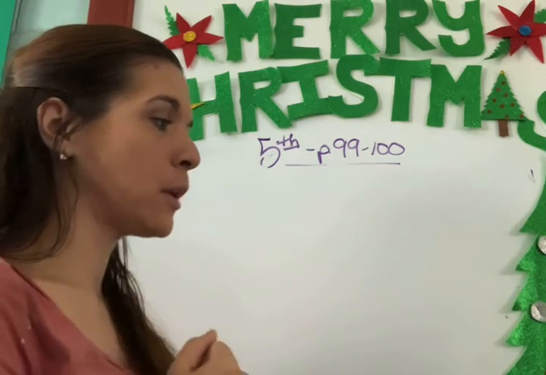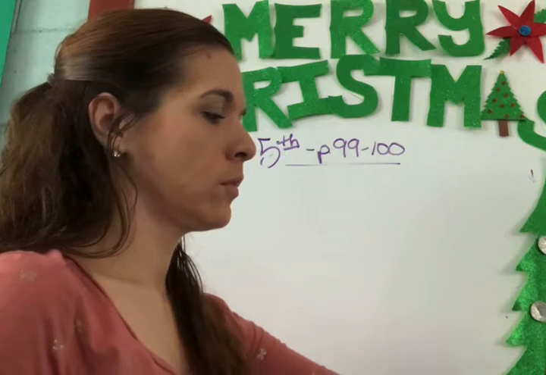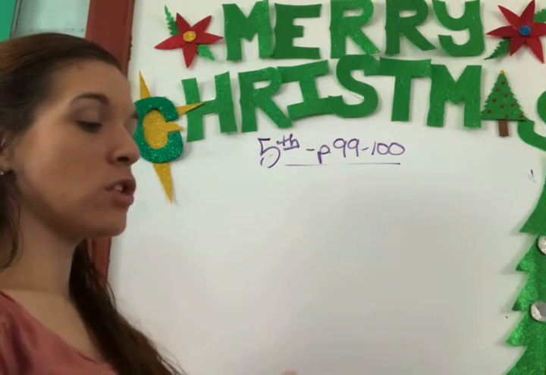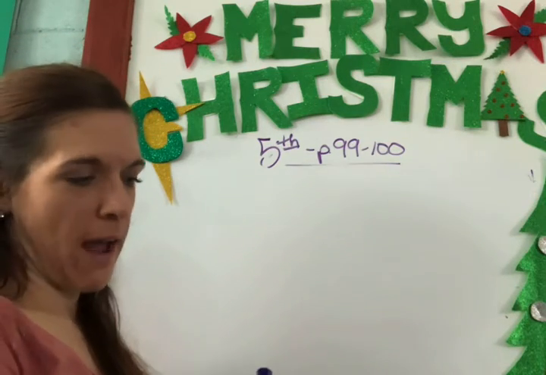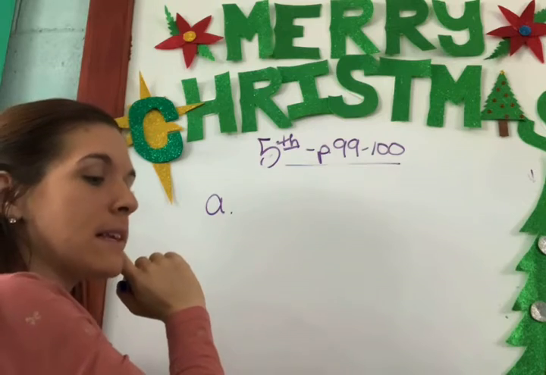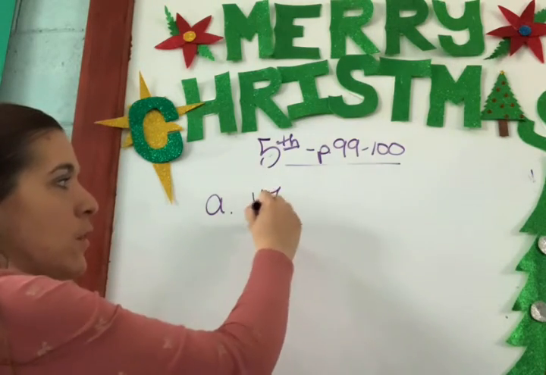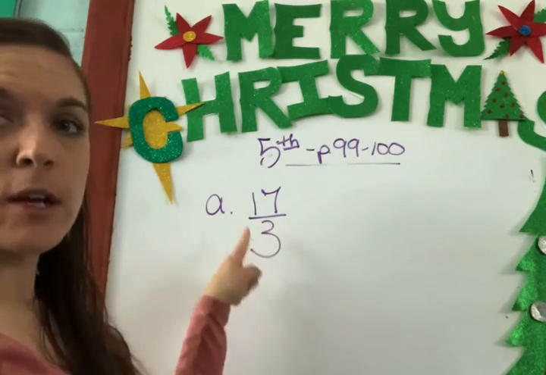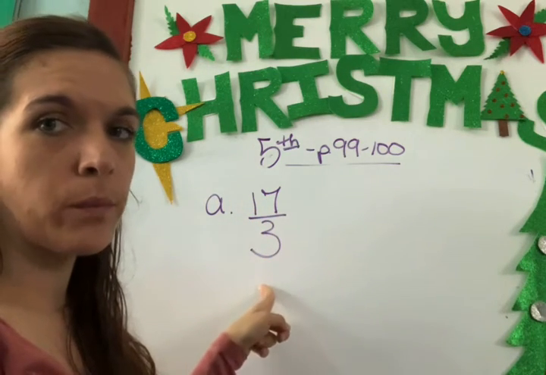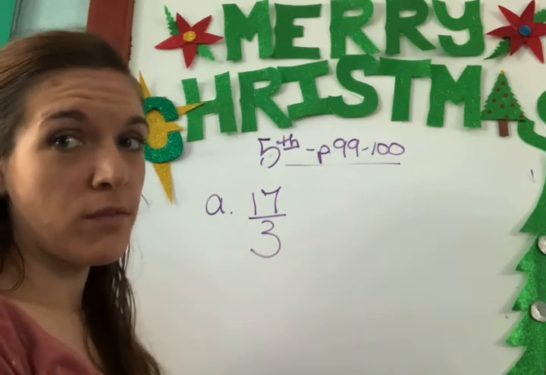So let's look at number 2. Number 2 is when we change these improper fractions to whole numbers or mixed numbers. Well, we have 17 over 3. That means that the 17 is bigger than the 3, and when the numerator is bigger than the denominator, what do we do? We divide, okay?